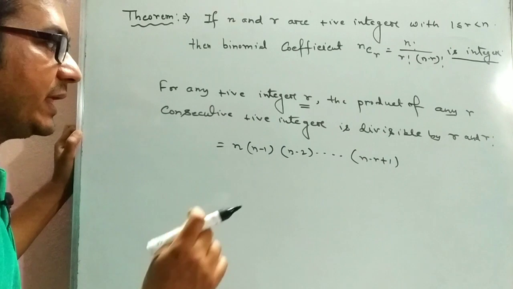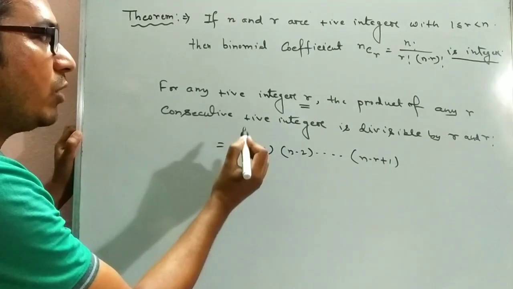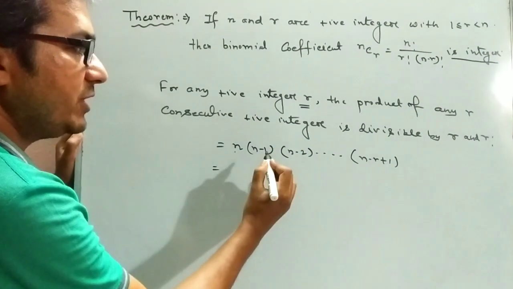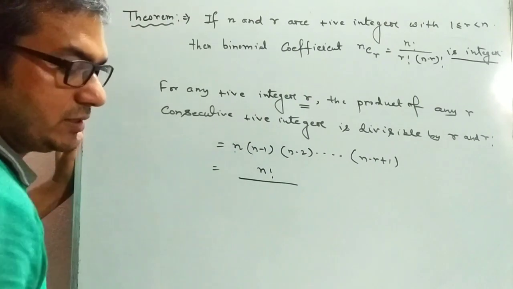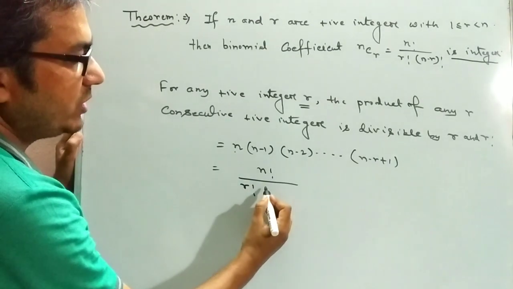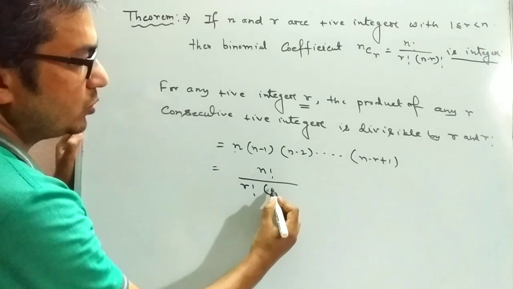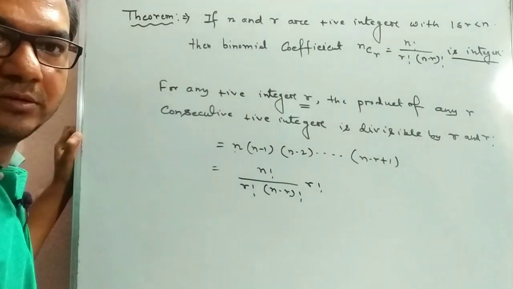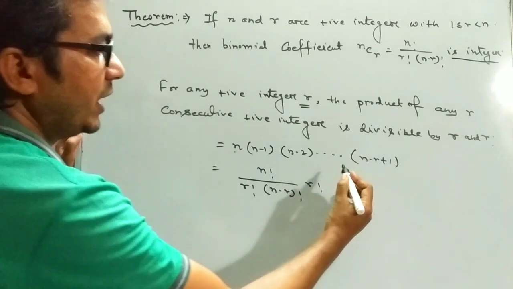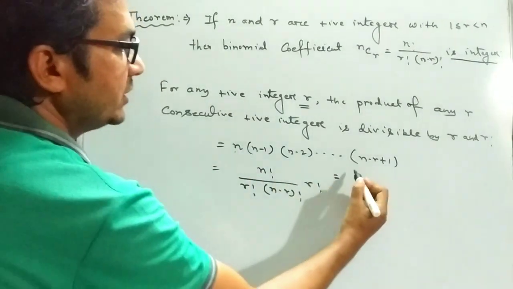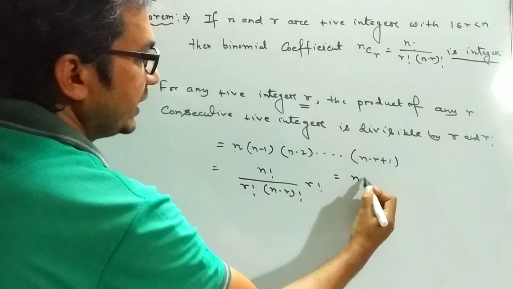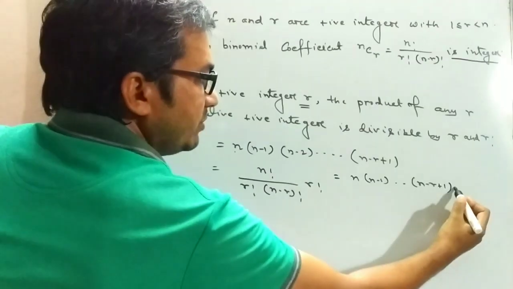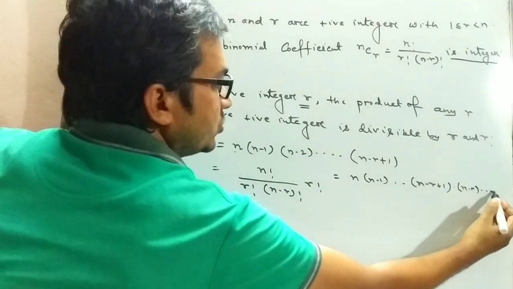Here n is the largest of the r consecutive integers, and clearly this can be written as n factorial by n minus r factorial, and we explained this result: why we multiply n minus r to 1 here.